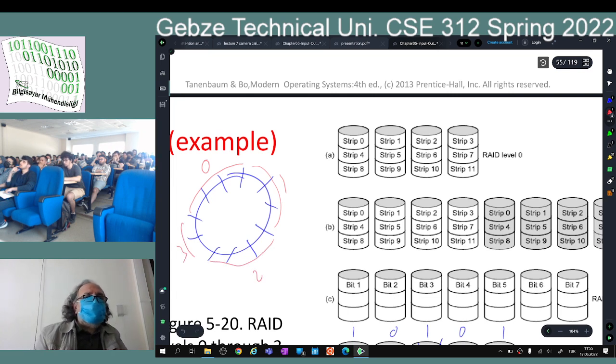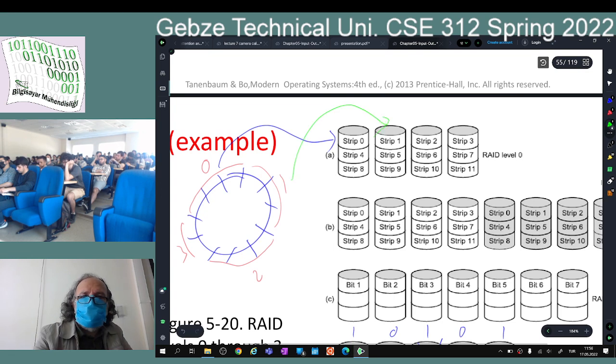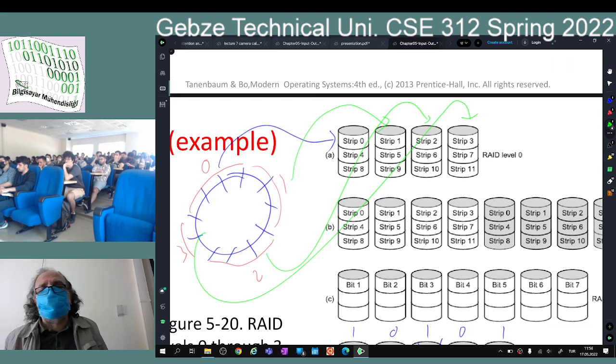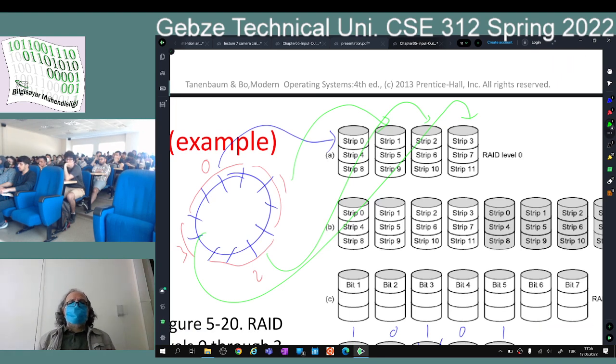I put k sectors in a strip, and I distribute them like this. Strip 0 goes to this disk, strip 1 goes to this disk, 2 is here, and 3 is there. So I distributed my sectors evenly between these disks.